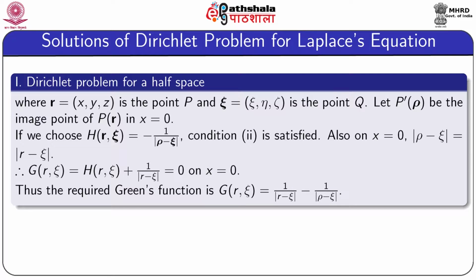Now, with this particular choice of capital H, the value of capital G becomes 0 on x equals 0 because the value of mod rho minus xi is equal to the value of mod r minus xi on the plane x equals 0.